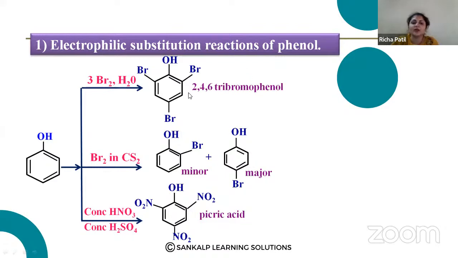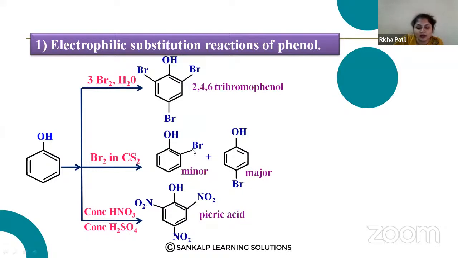You can see there is substitution at the ortho and para positions. Then if you take Br2 in CS2, carbon disulfide, you get one ortho product and one para product. The para product will always be the major product.